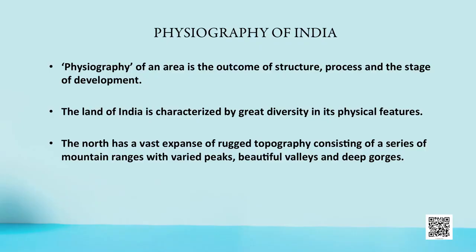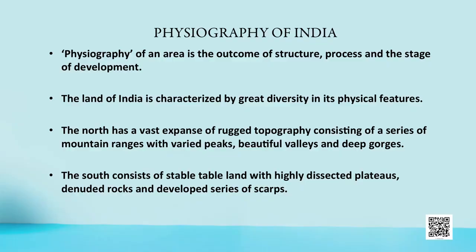The north has a vast expanse of rugged topography. The northern part of India consists of a series of mountain ranges with varied peaks, beautiful valleys and deep gorges. Beautiful valleys means V-shaped and U-shaped valleys. Gorges means I-shaped valleys.